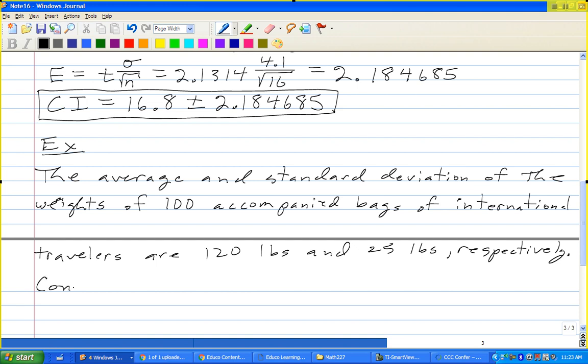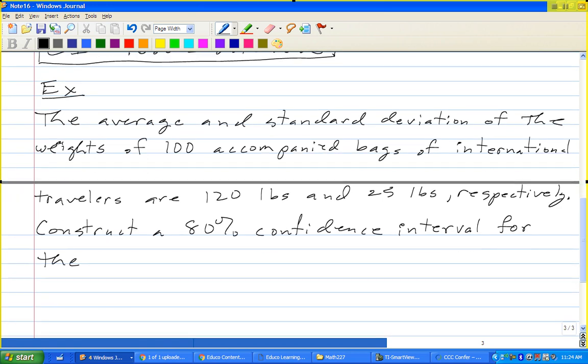Construct an 80% confidence interval for the average weight of accompanying bags on international flights.